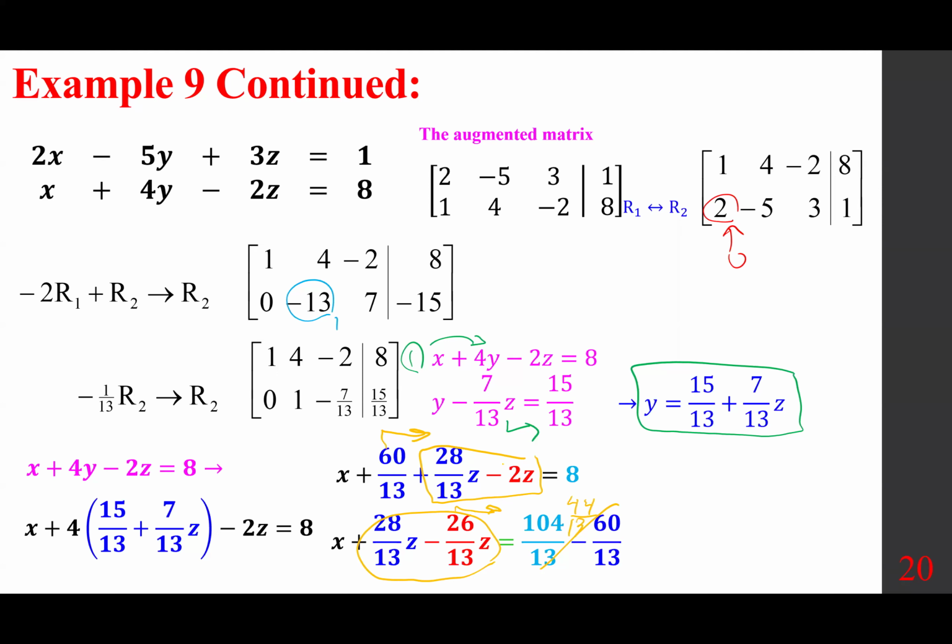You're solving for x, you take it to the other side, becomes negative. So again, see what happened, everybody. This one combined to 2 over 13z positive, goes to the other side, becomes negative. And now you're going to write x is 44 minus 2z over 13, y is 15 plus 7z over 13, comma z. This is how you represent a dependent system, everybody.